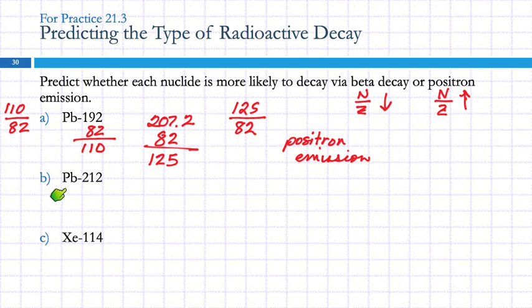What about lead-212? How does that compare to the average mass of stable lead atoms? 212 is bigger than 207, right? This has more neutrons than the stable ones do. So I need to go the other direction. I need my ratio to go down. So we would predict that this would undergo beta decay.